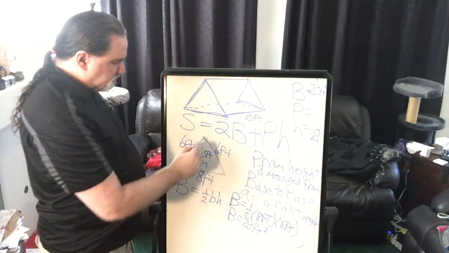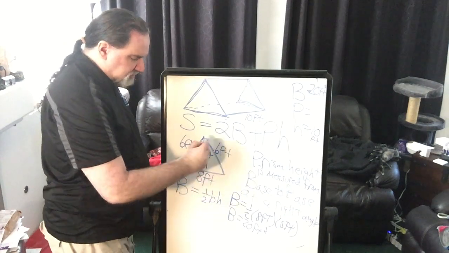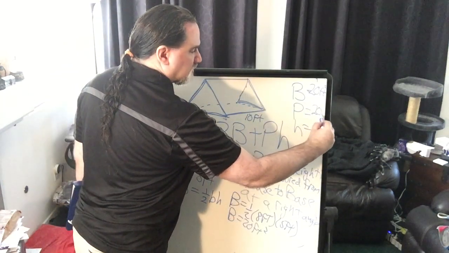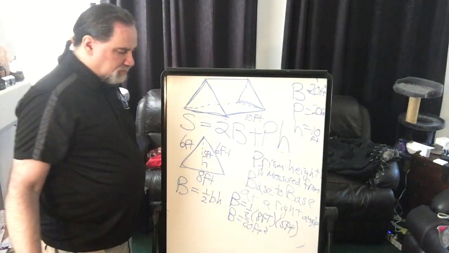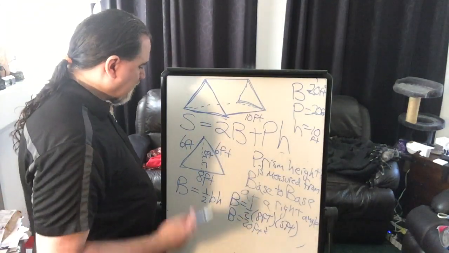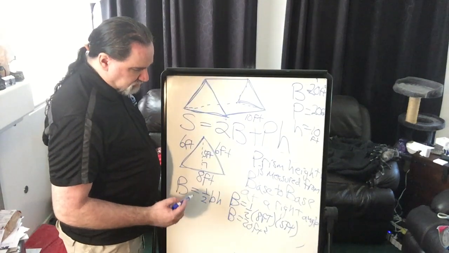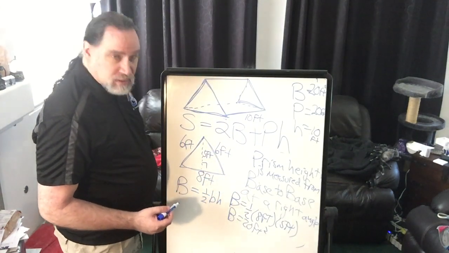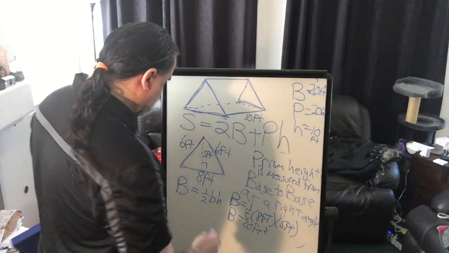And then the perimeter just wants around the outside. 6 plus 8 plus 6, that's 20 as well. But that's singular feet, because we're going to multiply it times the other singular feet, the 10 feet. And now we can find the surface area of the whole thing. I'm not sure you can see it, but here we go.